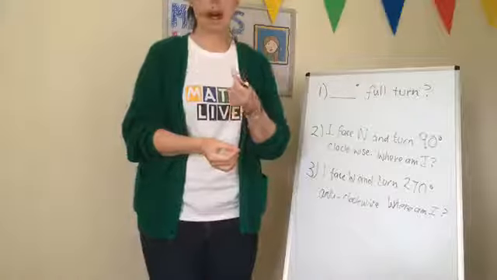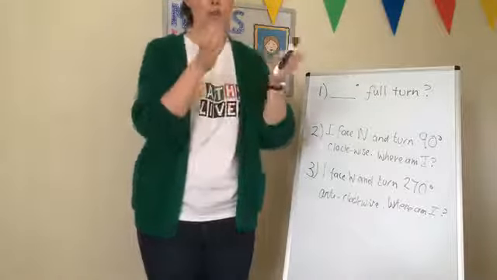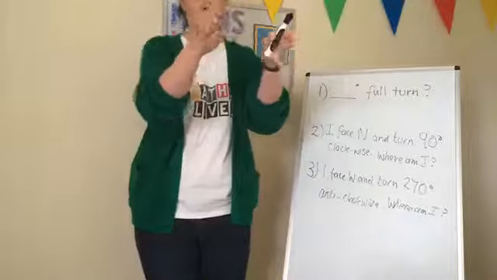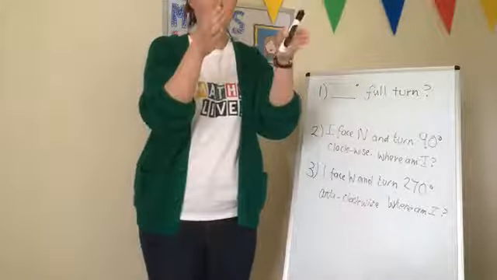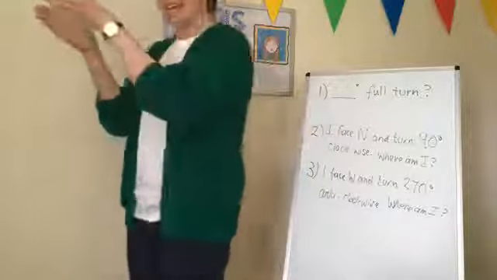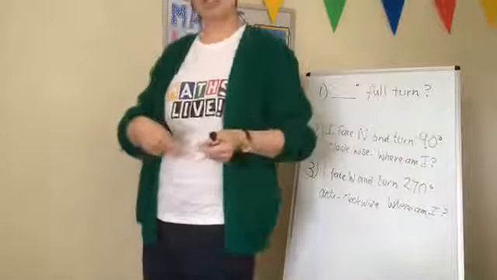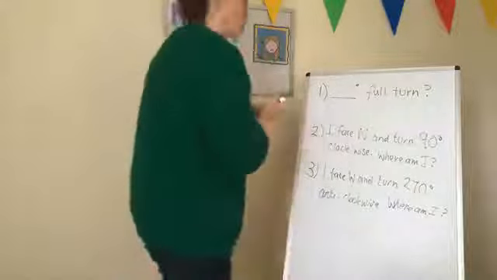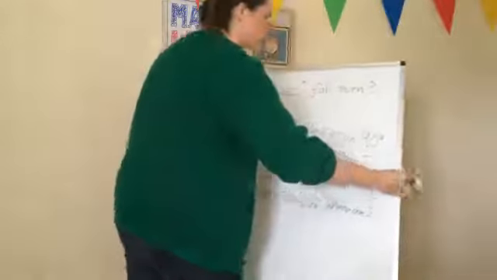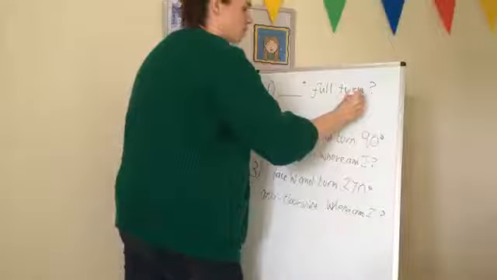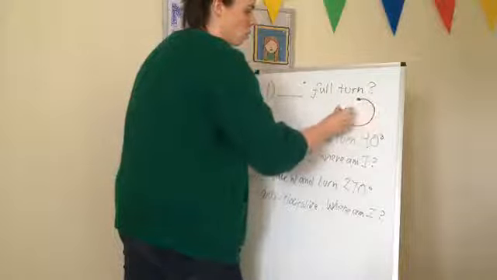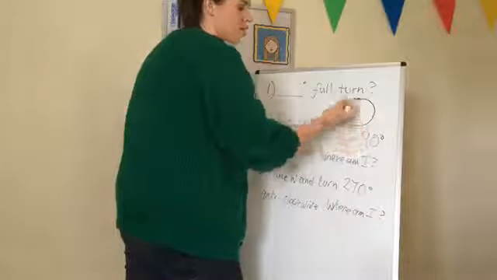But we're talking about angles here. So if you go from facing one way, say if I'm facing north, and then I go to east, I have done a 90-degree turn. Because if I get a full turn, so I'm starting here and I go all the way around, that's a circle.